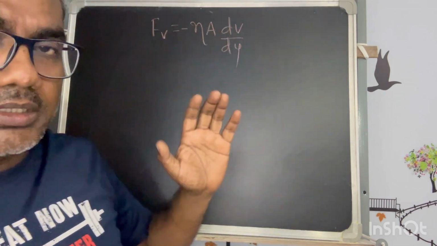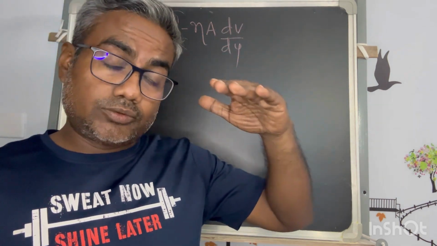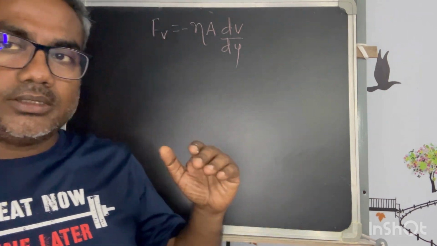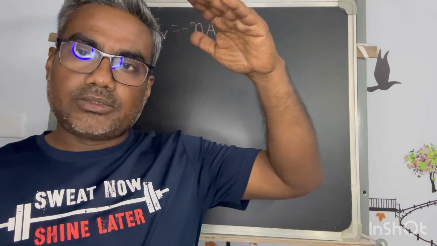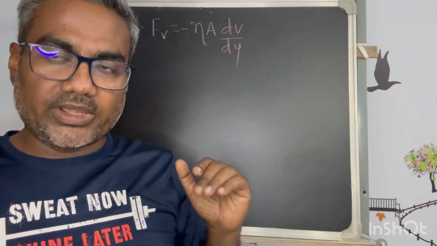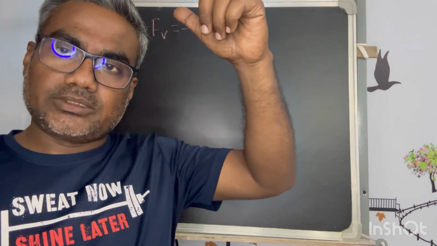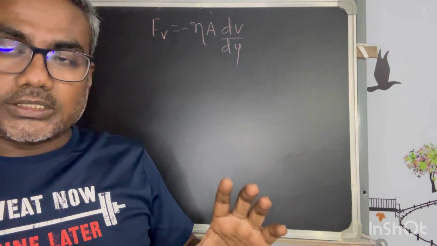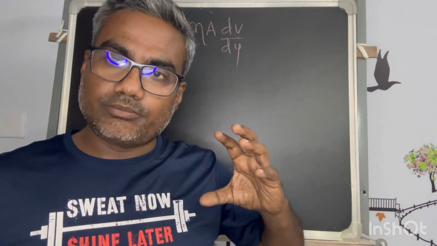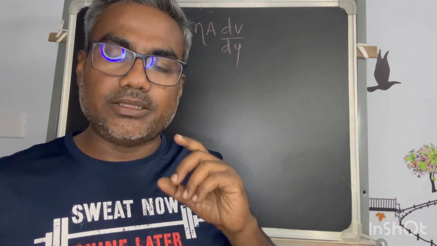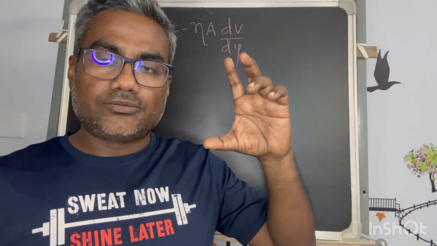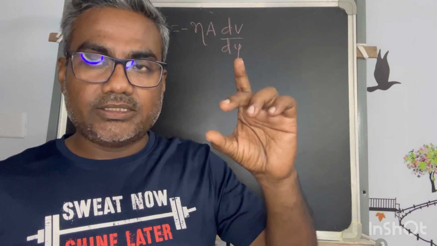So this may vary, where two kinds of boundary condition may happen, where one boundary is at rest and the other boundary is in motion. In that case, the velocity will vary from 0 to the maximum at the moving boundary. In case the fluid is flowing through a duct or a circular duct or a pipe, there both ends are at rest, so it will start from 0, and at the center it will be maximum.